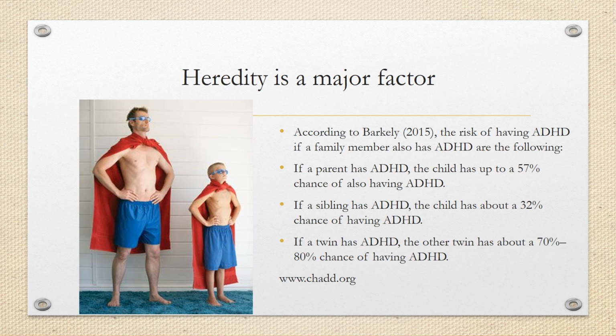Siblings commonly share the difficulty of ADHD. So if a child has ADHD, his or her brother or sister has about a 32% chance of having ADHD. And in twins, we find there is a 70 to 80% chance that both will have ADHD.